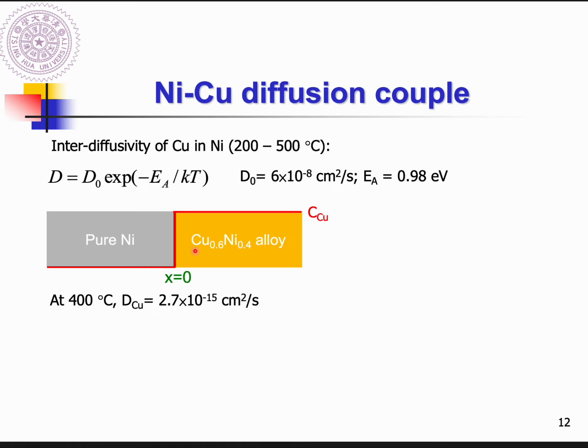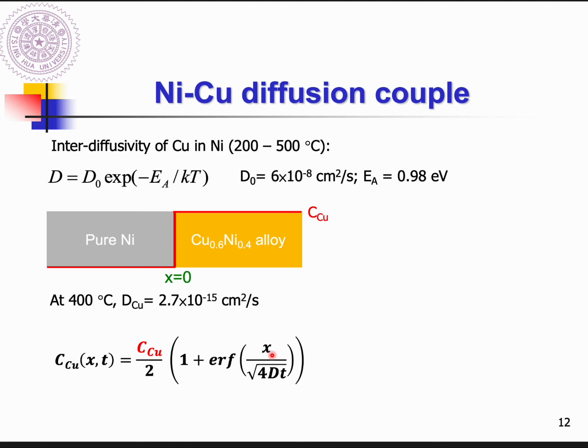Based on this, I'm going to directly use the results we derived from the previous slide. The concentration of copper would be the average sum of this one plus this one, and the difference between this one, divided by 2, right?